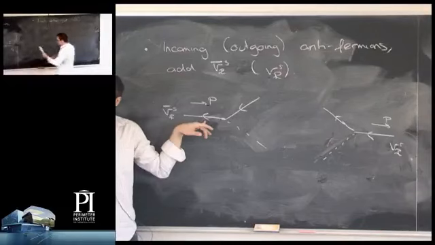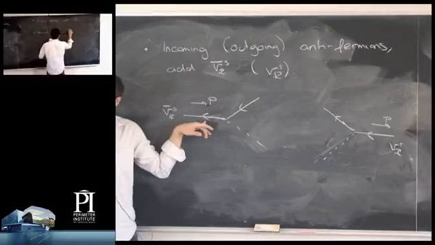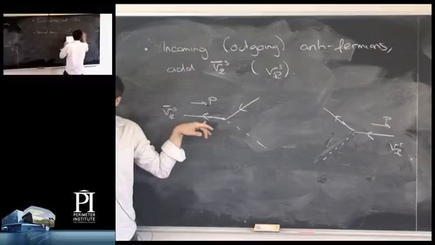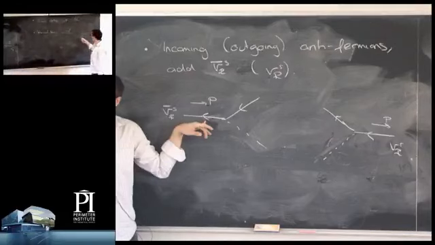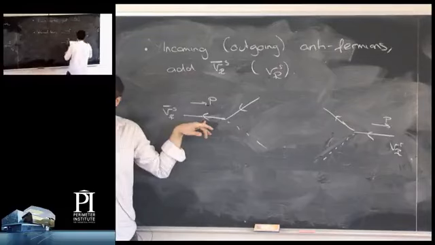And then there's the internal lines. For scalars, what you add to the internal line is the scalar propagator that we've seen already. For fermions, it's the propagator that we just came across.